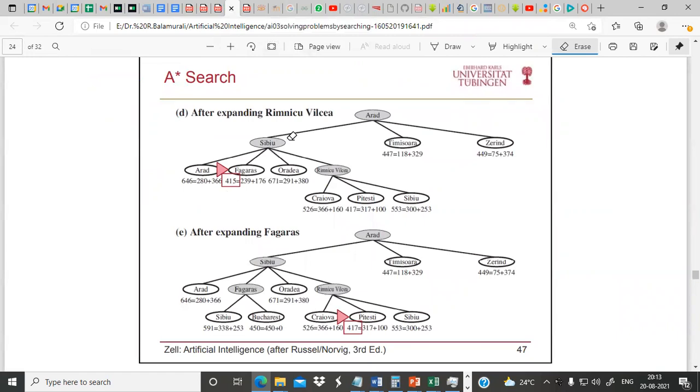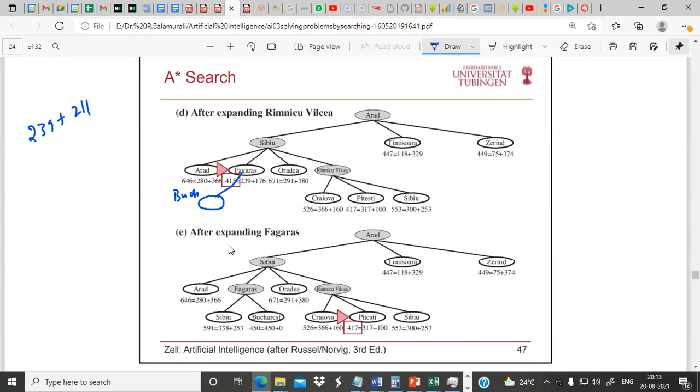But already the actual cost of reaching Fagaras is 239. It can reach Bucharest at the cost of 211, so 239 plus 211 we should add.